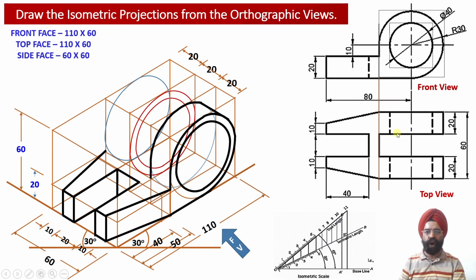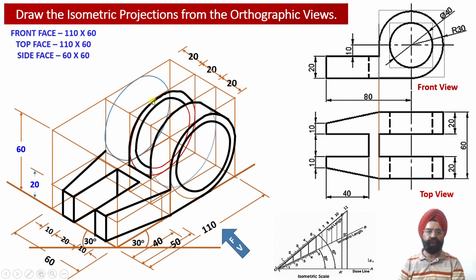Then you have got, after a gap of 20 millimeter, surface 3 corresponding to web number 2. So this is surface number 3 corresponding to web number 2. So now over here, these portions are not visible to the observer. Only this portion of outer and inner circular cross section will be visible to the observer.